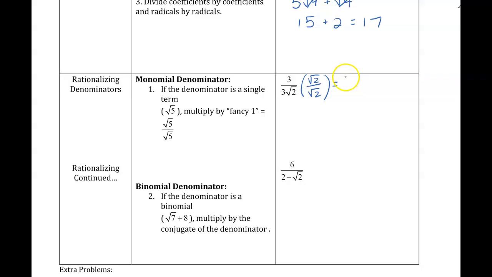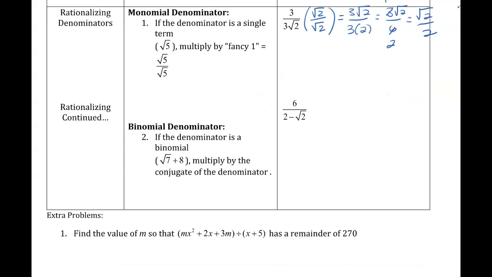So multiplying straight across, we'd have 3 radical 2 all over 3 radical 2 times itself is just 2. And then we can multiply from there. We'd have 3 radical 2 all over 6. And then we just want to reduce. 3 goes into itself once, into 6 twice. So we're left with radical 2 all over 2.